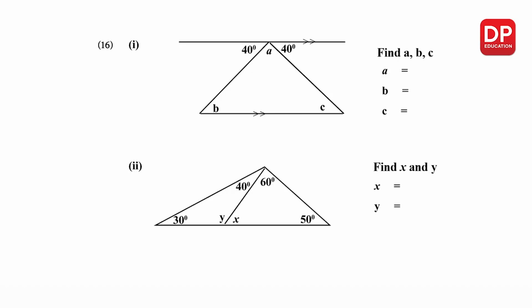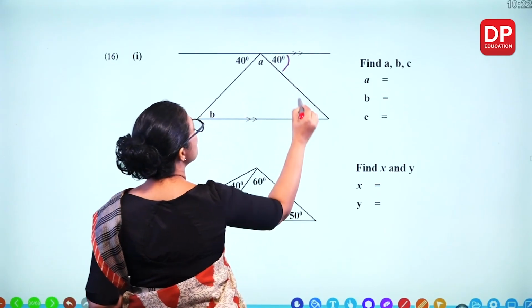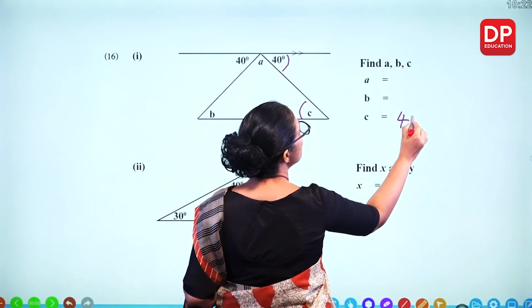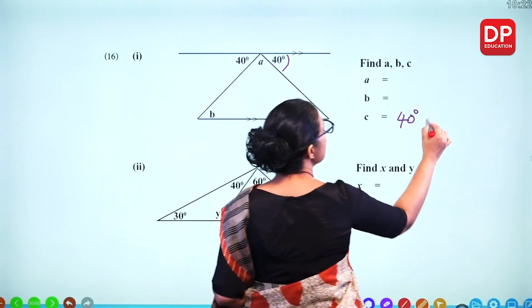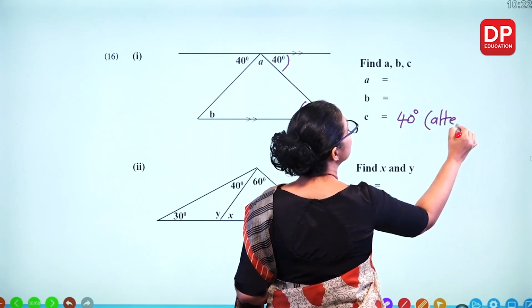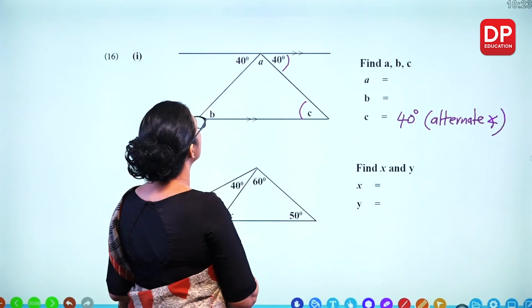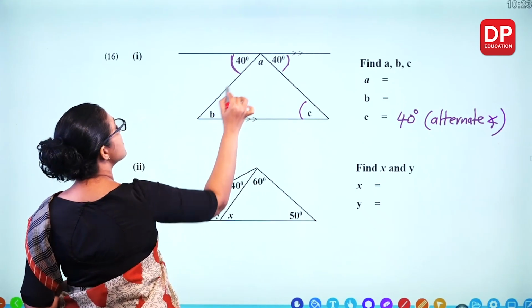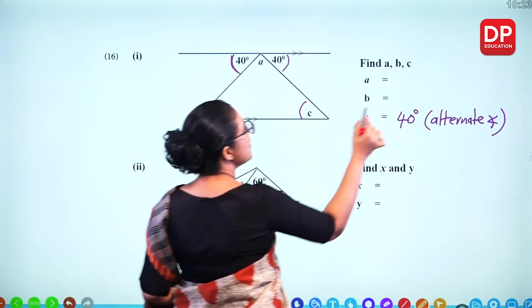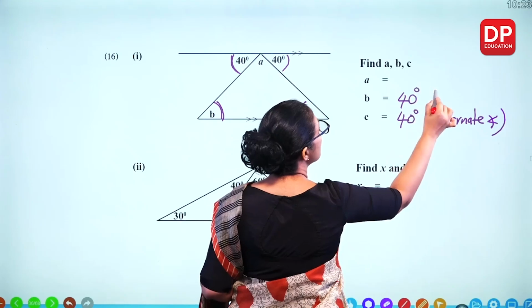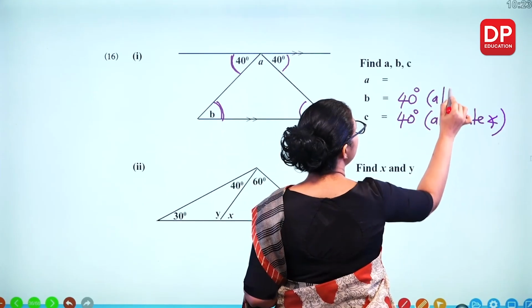Look at this diagram. Two lines are parallel given. So straight away, if this is 40, this is 40 because of alternate angles. This 40 is same as this 40. So B is 40, alternate angles.